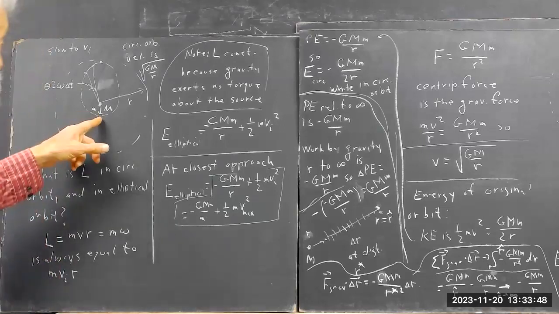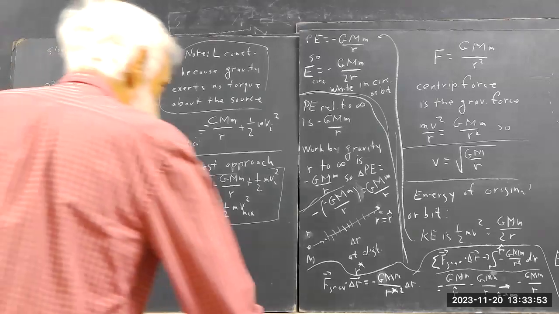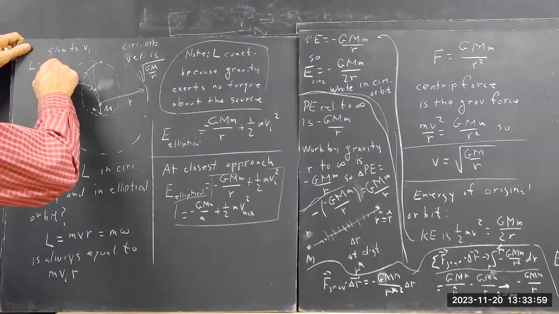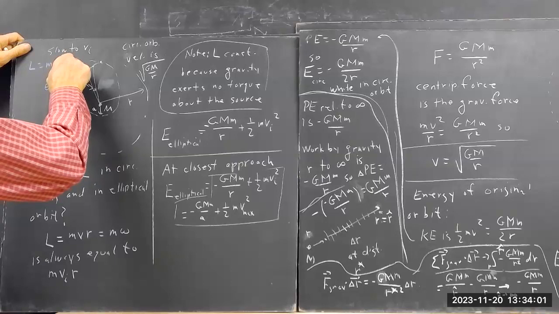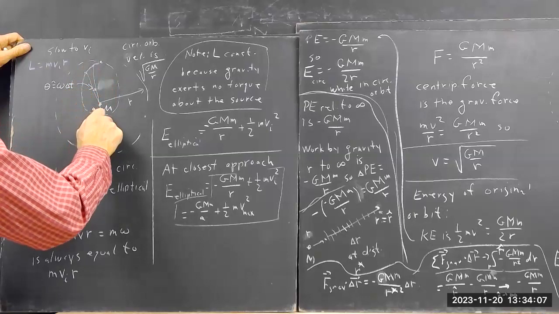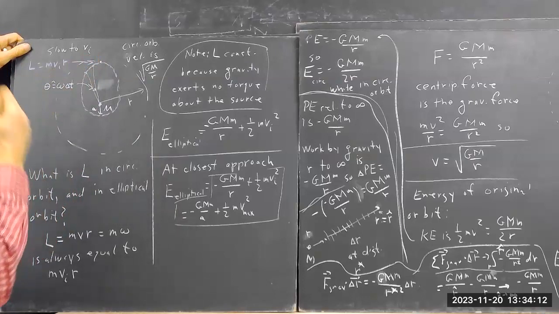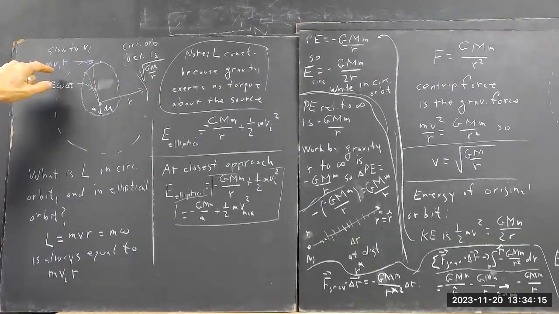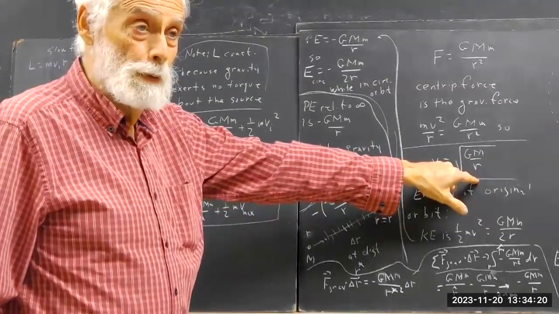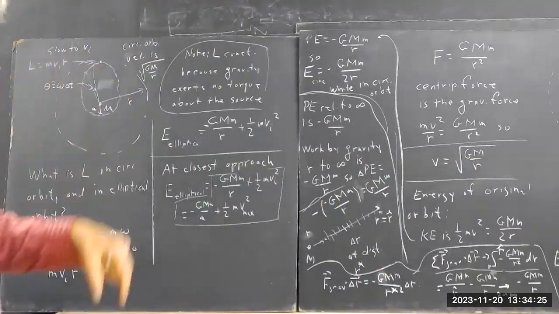The angular momentum at this point, I'm going to make this orbit purple, so then anything I write in purple refers to this orbit. Okay, it was mvr. V was this, right? So it'd be the square root of big G big M times R. I think. Can't trust my head.